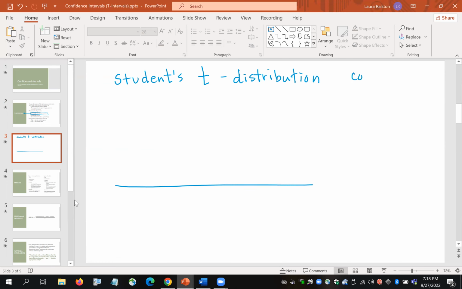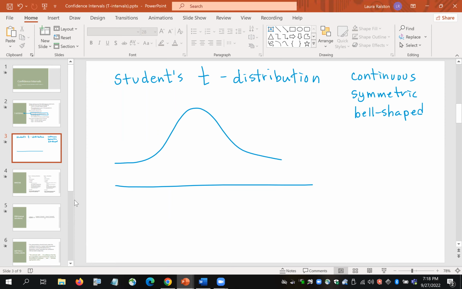It is continuous, just like the normal. It is symmetric, just like the normal, and it's bell-shaped. So when you look at it, and I'm going to draw it intentionally this way, it looks very much like the normal distribution.